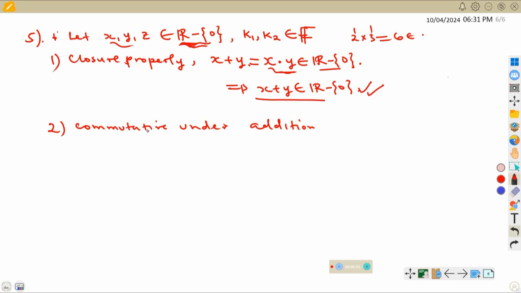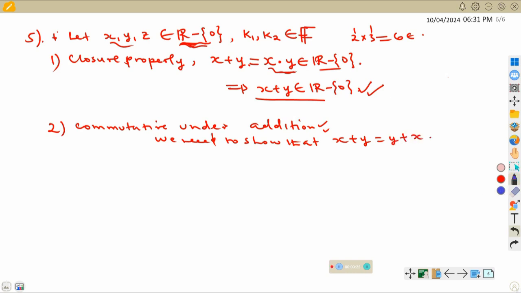The next axiom is about commutativity under addition. So we need to show that when you get x plus y, it gives you y plus x.